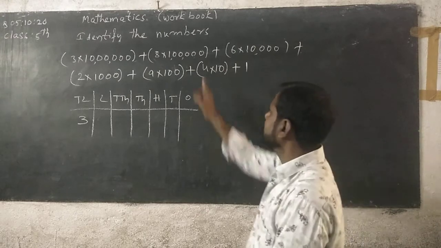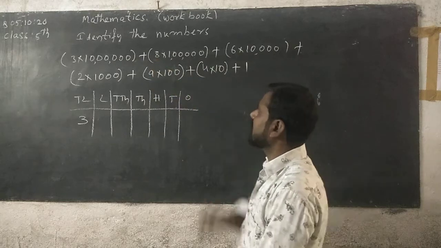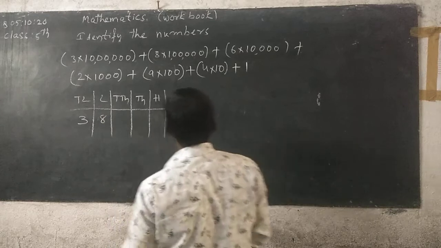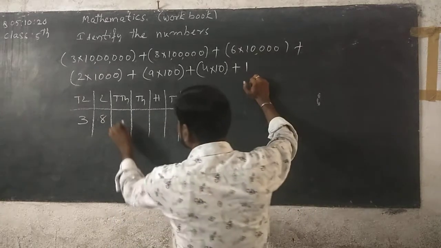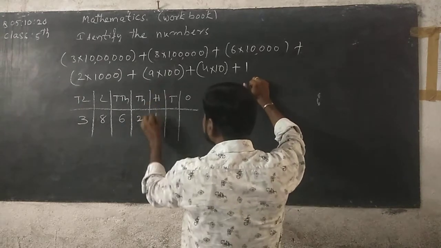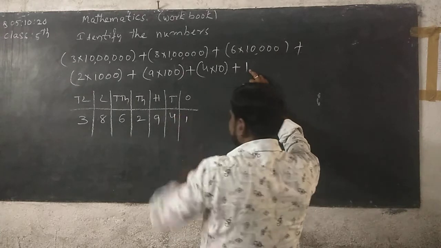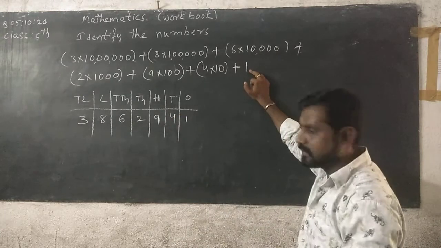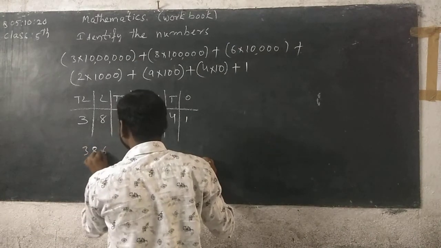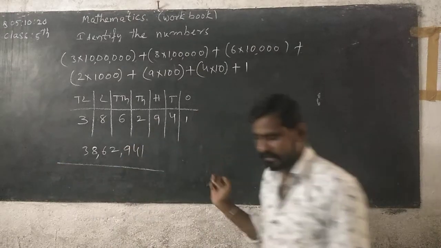Means 8 is in lakhs place, 6 is in 10,000 place, 2 is in thousands place, 9 is in hundreds place, 4 is in tens place, 1 is in ones place. Then you can write 38 lakh, comma, 62,941.